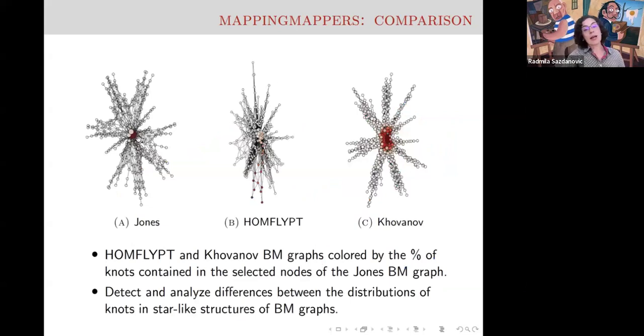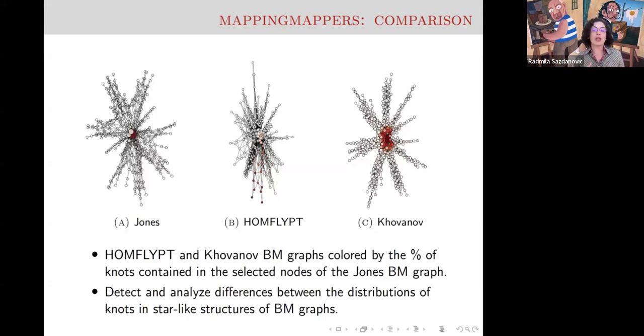What I want to show here is ball mappers for the Jones, HOMFLY-PT, and Khovanov polynomials. Notice that HOMFLY-PT and Khovanov are two-variable polynomials. And for lack of a better measure, if you just looked at them, they all look like star-like graphs to me. And this could be very deceiving, because you could jump to the conclusion that it's the same structure.